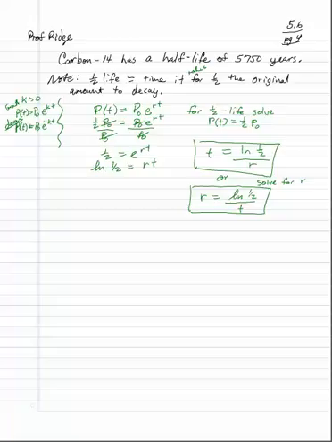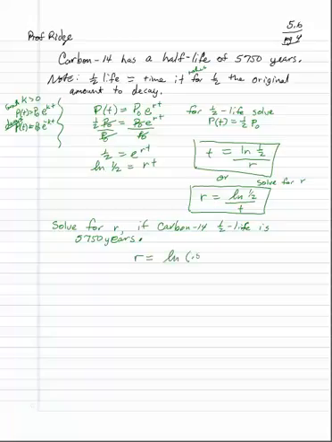So for this one, solve for r if carbon-14's half-life is 5,750 years. So we're going to do the formula. We want r, so we're going to use the bottom one, ln 1/2 over t.